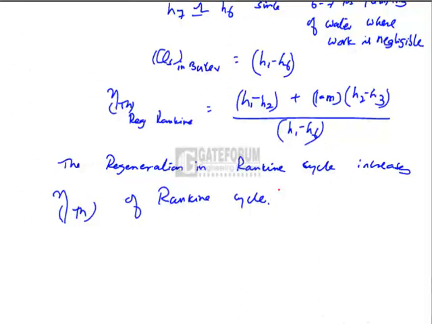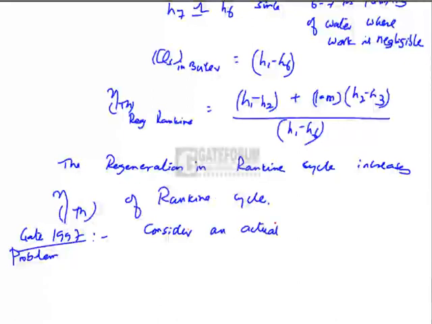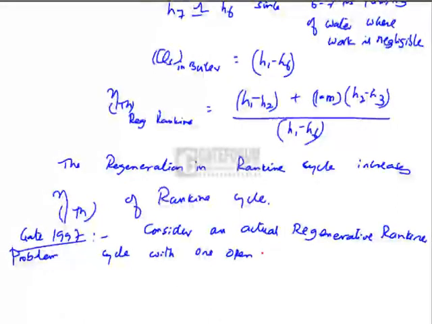Now, let us do an objective question given in GATE 1997 regarding regeneration. Consider an actual regenerative Rankine cycle with one open feed water heater.